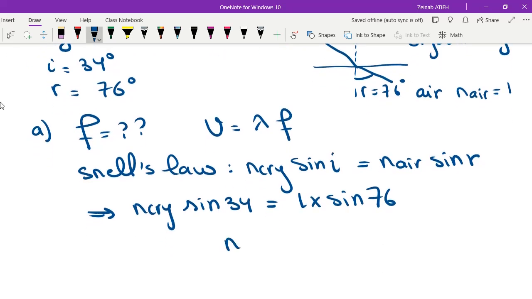This will give us N crystal equals 1.73. We found the N of the crystal.